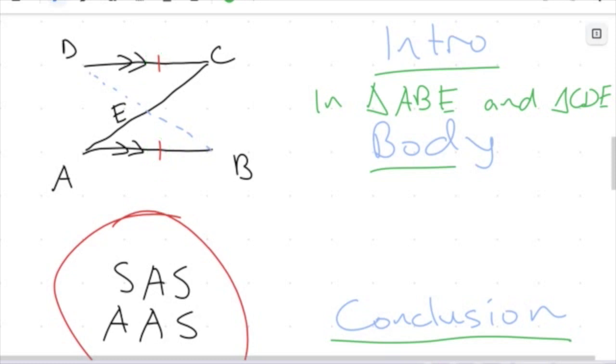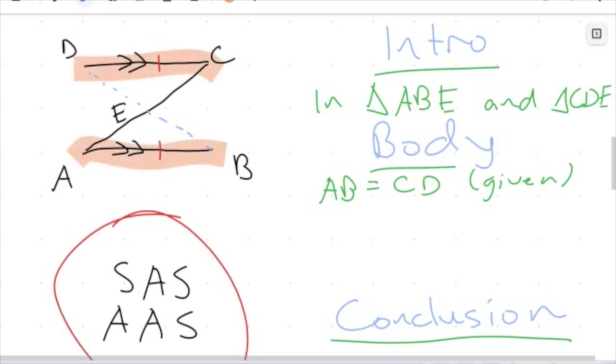So I can say that side AB is equal to side CD, and this is given. This just tells us that we're told that already in the question by these markings. We are told that AB is equal to CD. Cool, that's a good start.